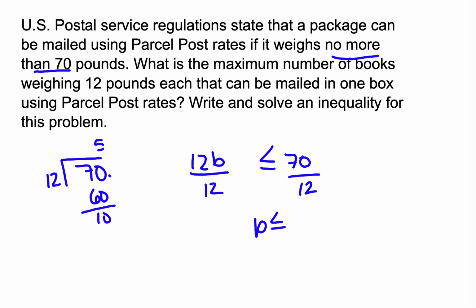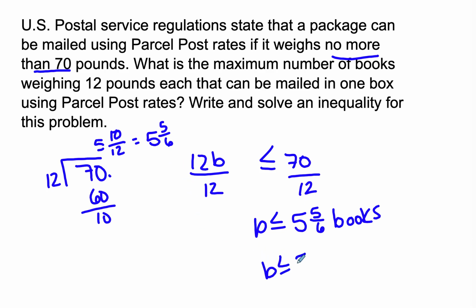Save myself some time. 5 and 10 twelfths, which is the same thing as 5 and 5 sixths. B is less than or equal to 5 and 5 sixths books. Now I can't buy 5 and 5 sixths books. That doesn't make sense. So really my answer is B is less than or equal to 5 books.